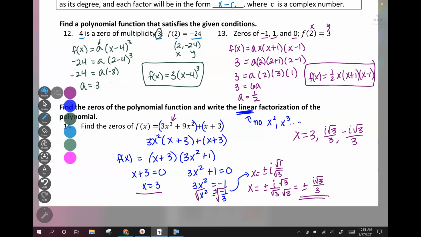Now writing the factorization, I'm just going to take those 3 zeros and put them into factored form. So x minus 3, x minus i square root of 3 over 3, and oops, I put a comma, and then x plus i square root of 3 over 3.